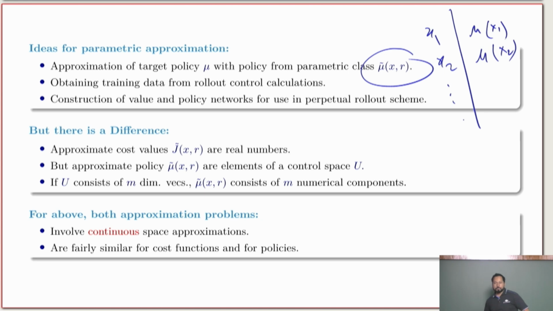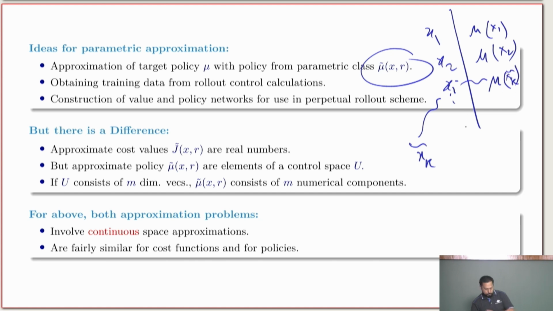Here again the idea is very similar: I may encounter a state, let us say xk tilde, for which I want a good guess of the control, and it may not have been in the training data before, but it may be very close to some xi, and for that the neural network will give me some prediction for xk tilde.